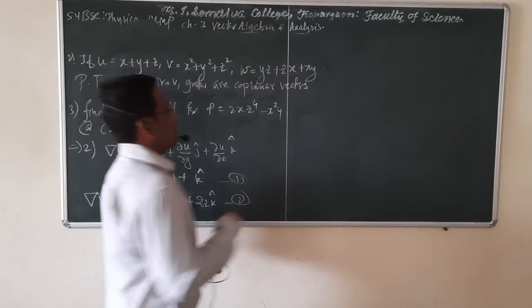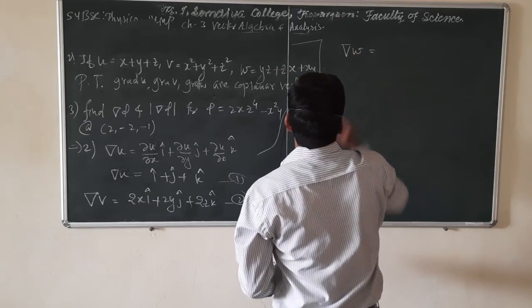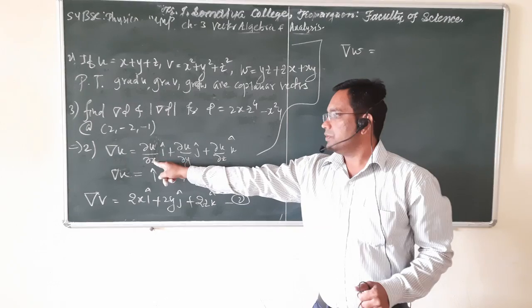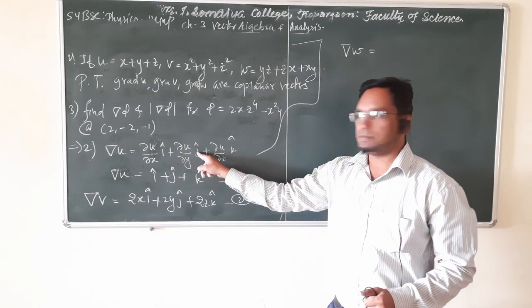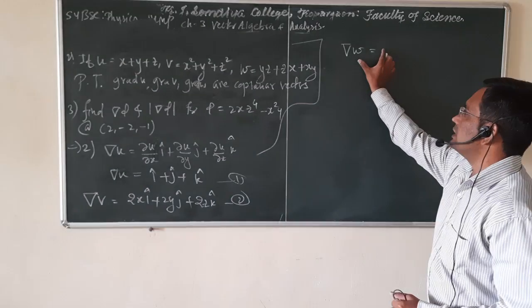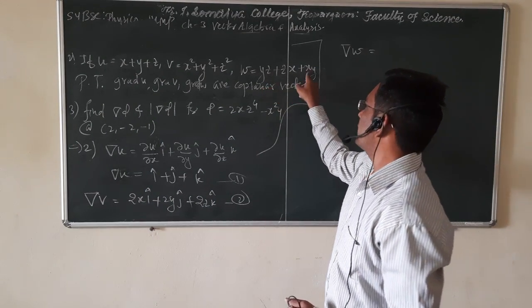Similarly, we have to find out gradient of w. Again, by definition, it is partial derivative of w with respect to x i cap, with respect to y j cap, and with respect to z k cap. Now you have to take the partial derivative of this with respect to x.